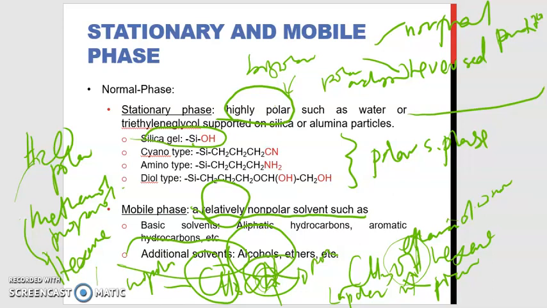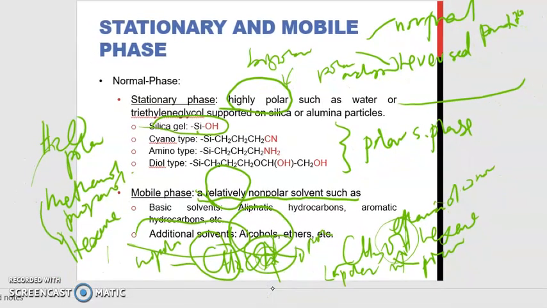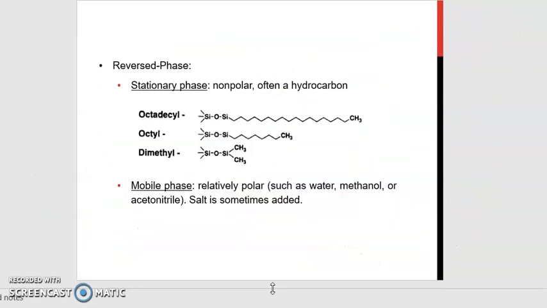So bila dah reach equilibrium dengan stationary phase, dia boleh attracted juga dengan methanol. So dia takkanlah stay very long time in stationary phase. So that is why we need to have additional solvents, to speed up our analysis.